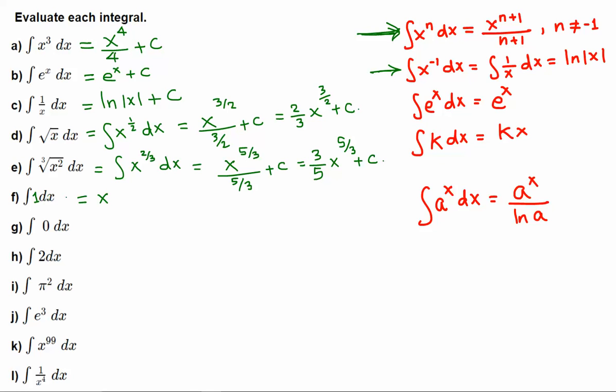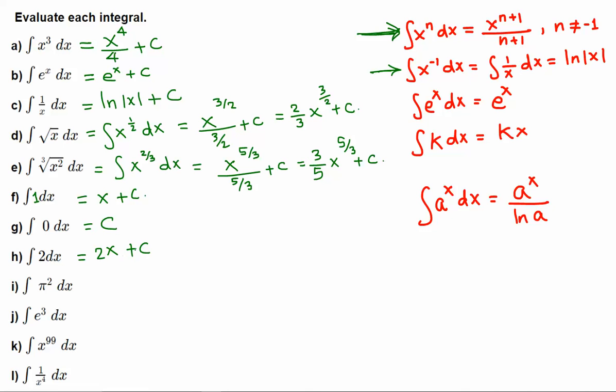So the integral of dx is x plus C. Now the integral of 0: we know that the derivative of a constant is 0, so constant plus C. C is also a constant, so a constant plus another constant, we can just write one constant C. Next, the integral of 2 is just 2x plus C, because the derivative of 2x is 2.